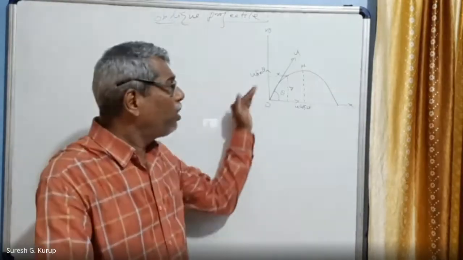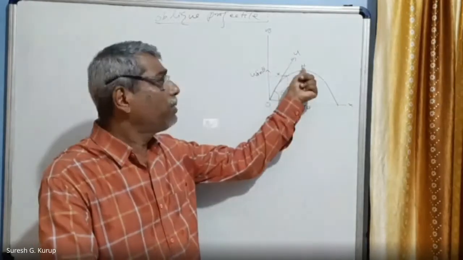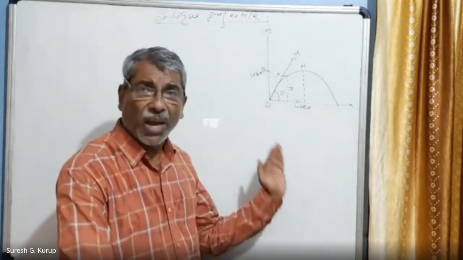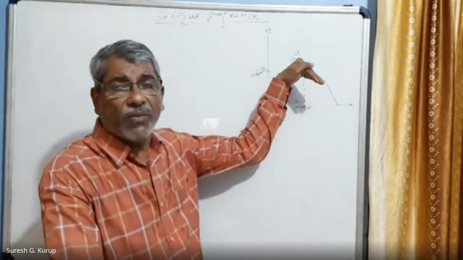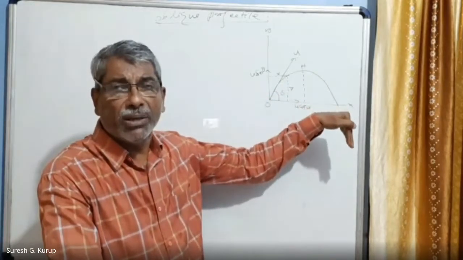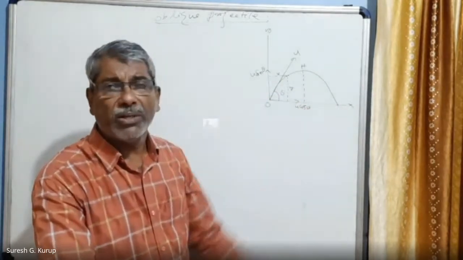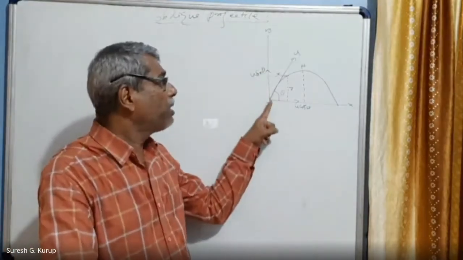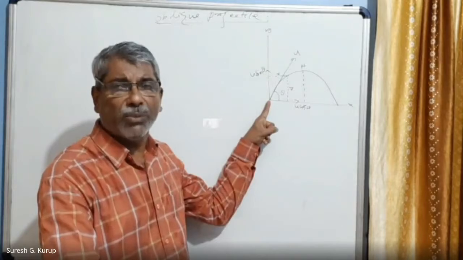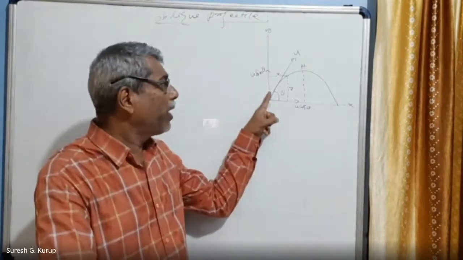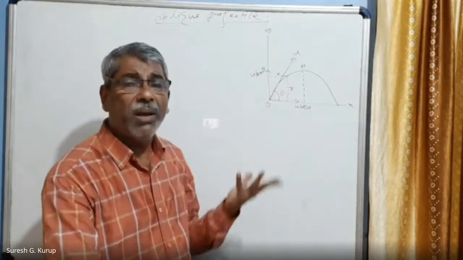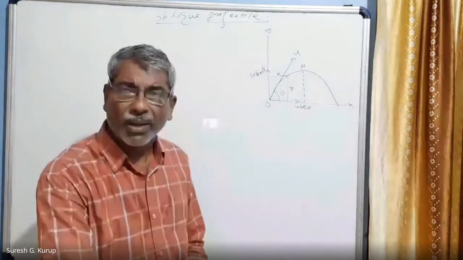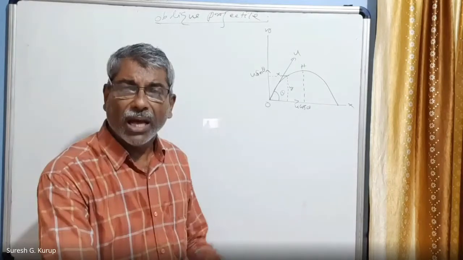For some time the body moves in the upward direction, and at the highest point its vertical velocity becomes equal to zero. From then onwards, the vertical velocity goes on increasing, and becomes maximum when it touches the earth. So at the point of projection, the vertical velocity u sin theta is maximum. Then this u sin theta goes on decreasing. Why? Because u sin theta is under the action of gravity, that means acceleration due to gravity is acting in the downward direction.